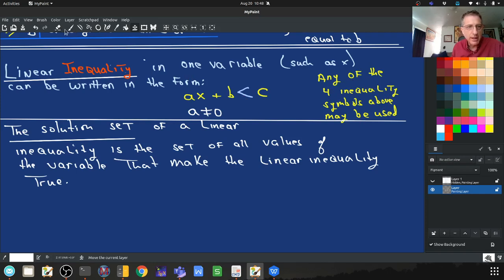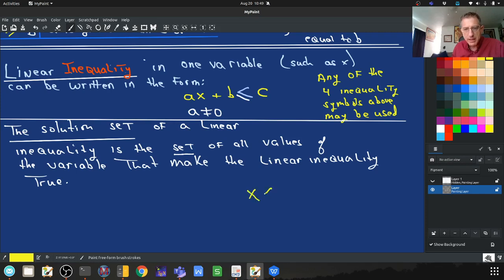For example, I could say ax plus b is less than or equal to c, ax plus b is greater than c, etc. So the solution set of a linear inequality is the set of all of the values of the variable that make the linear inequality true.